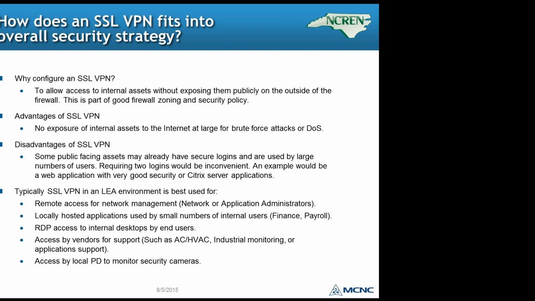Now, we'll just mention it again, one of the advantages of an SSL VPN is that you're not exposing those internal assets to the internet at large for brute force attacks, or in some cases, denial of service. If you've got your cameras or something else exposed on the outside of your firewall for remote access, in addition to people trying to break into it, another thing you're doing is exposing it to denial of service.